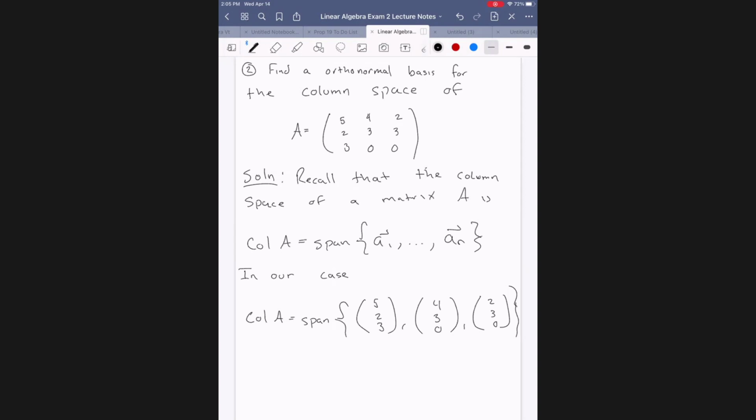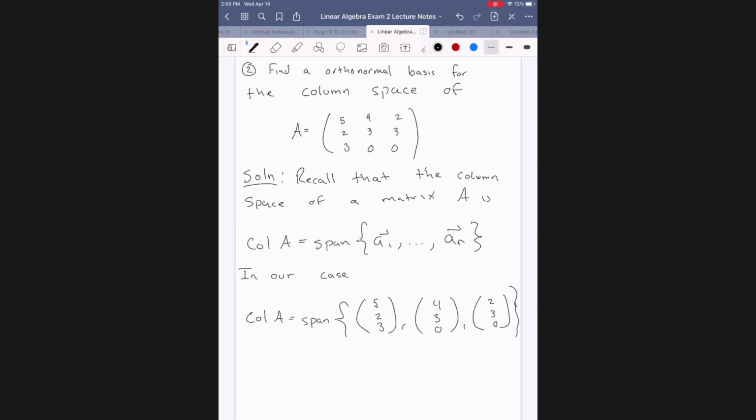So remember, what are the conditions you need for a set of vectors to be a basis? You need two things, right? Or one thing using the theorem that we talked about in class as well. The vectors have to be, first of all, linearly independent. That's the first condition.